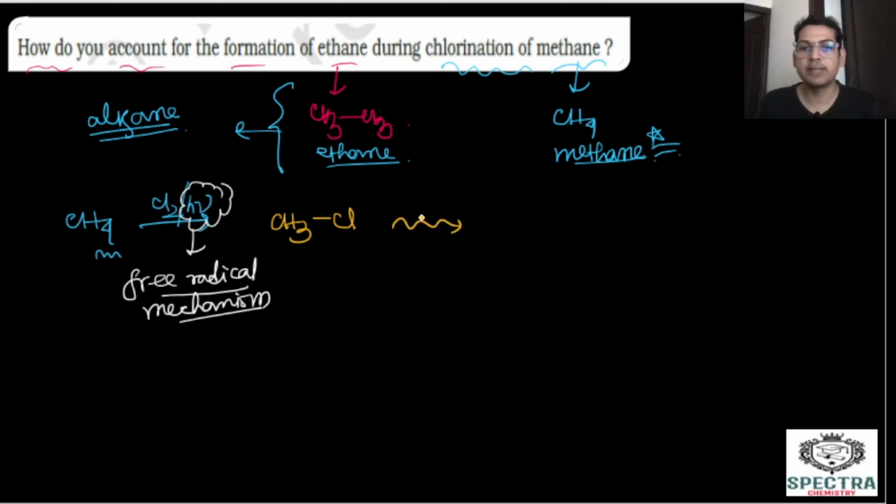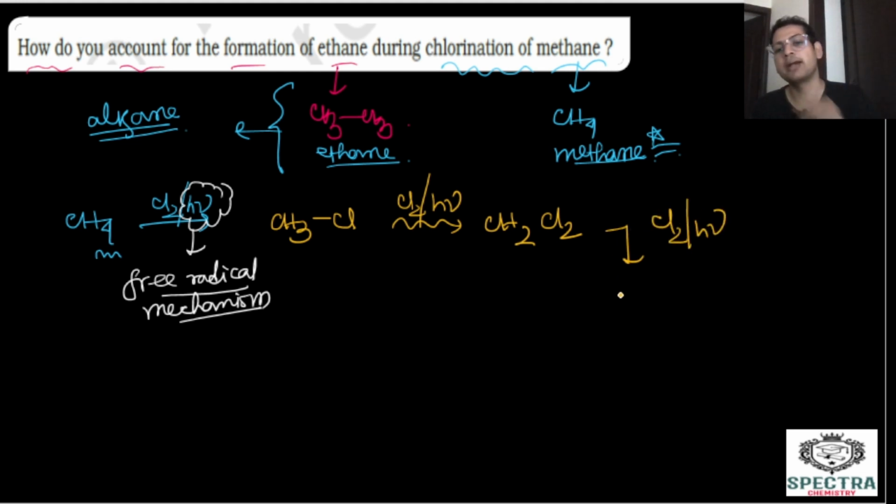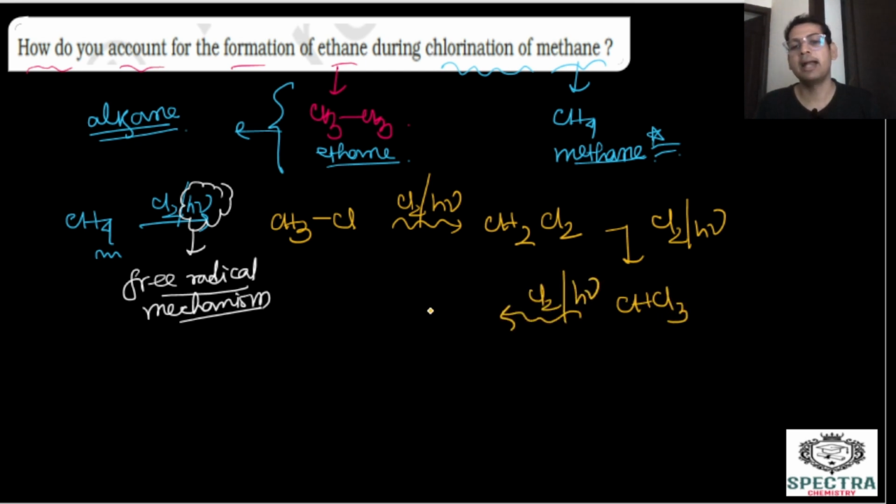Then you can further proceed with this reaction. Cl2, h nu again: remove one hydrogen, add one chlorine, so CH2Cl2. Again with Cl2, h nu, remove one hydrogen and add one chlorine, and again, so this is the ultimate reaction.